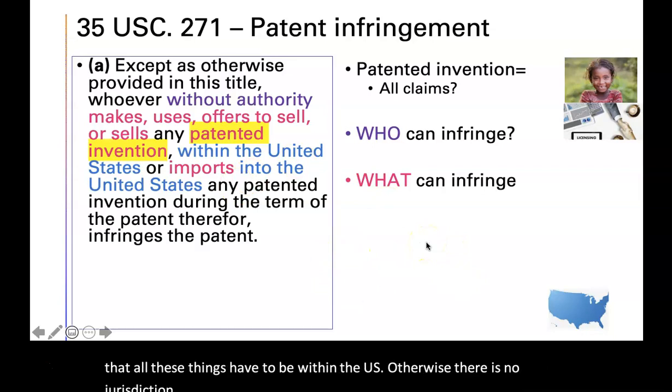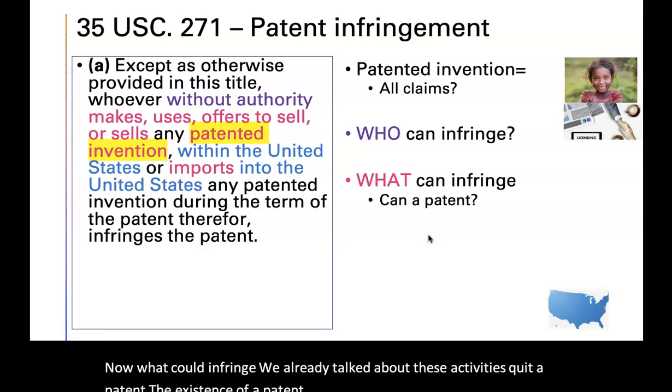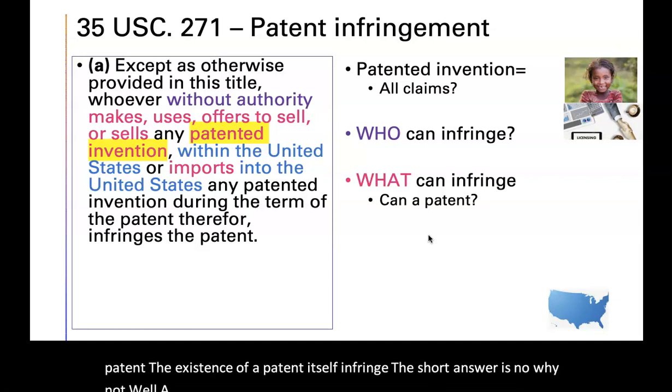Now, what could infringe? We already talked about these activities. Could the existence of a patent itself infringe? The short answer is no. Why not? Well, a patent is not itself making or using or offering to sell.